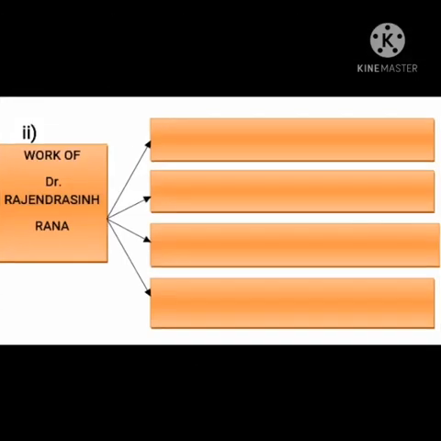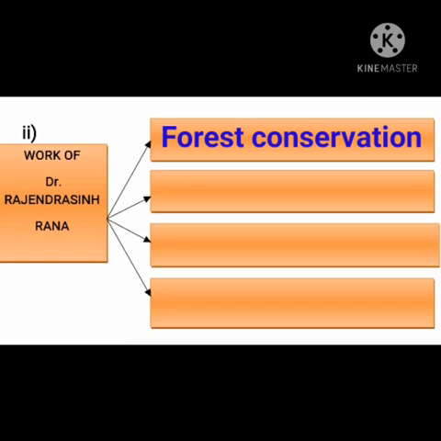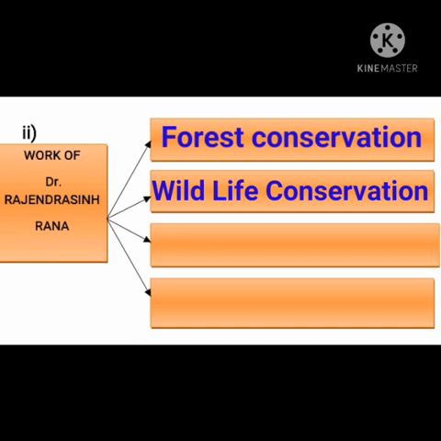Now let's read the second web question, that is work of Dr. Rajendra Singh Rana. What was the work done by Dr. Rajendra Singh Rana in Rajasthan, that we have to write down. First one, write down forest conservation. Forest conservation means preserving the natural beauty of forest. Second one, write down wildlife conservation. Wildlife conservation means protecting all the types of wild species. Third box, write down revival of rivers.